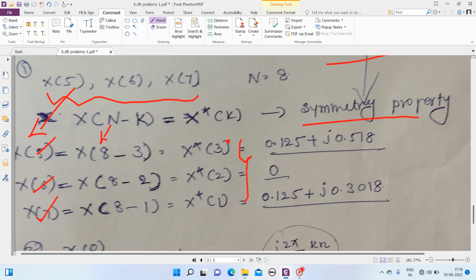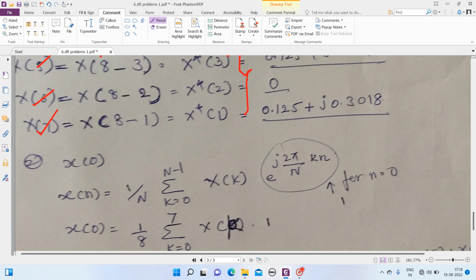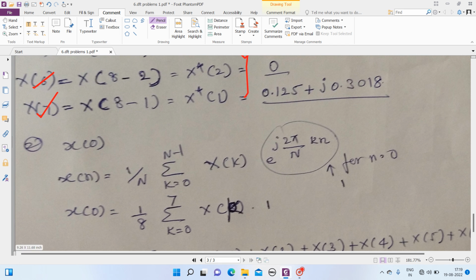The last one is we need to find out x of 0. So here it is an inverse discrete Fourier transform, IDFT equation. You have to memorize these equations. Please note down all the equations in a small notebook on a daily basis.